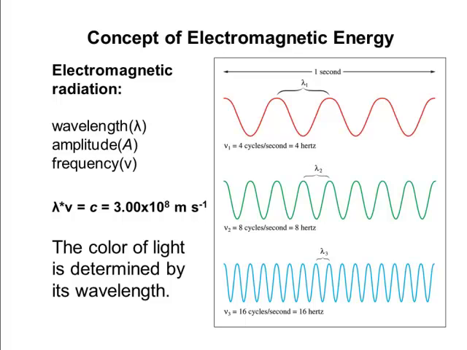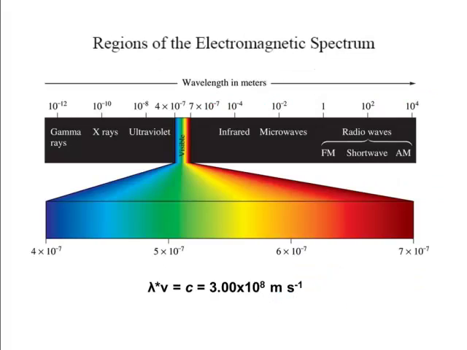All right, let's look at an overall picture of this, and we're going to deal with the overall electromagnetic spectrum. Keep in mind, wavelength times frequency equals c. When we look at the overall electromagnetic spectrum, we can see that the visible light, the light we can actually see, is a very small region on this scale. So if we start from the left, we go from gamma rays to X-rays, then we go to ultraviolet or UV rays.